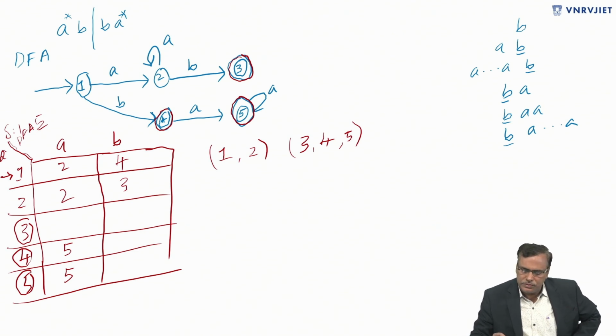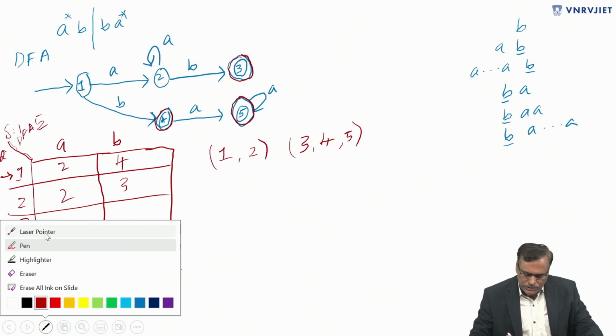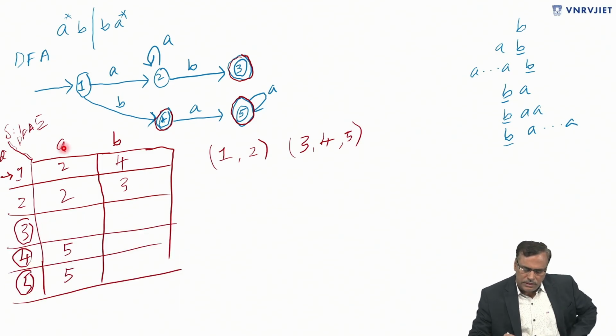In 1, 2, if you look at the entries of states 1 and 2 in the table, on A they have the same entry, but they differ on B. Therefore, you cannot group them. You have to take them separately.